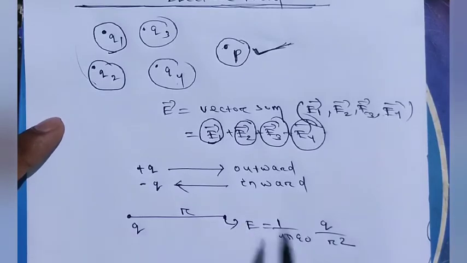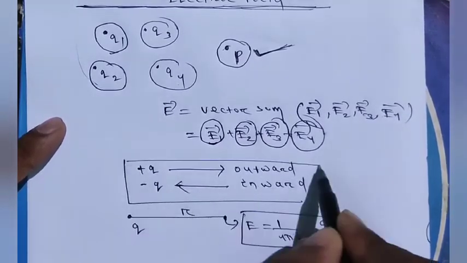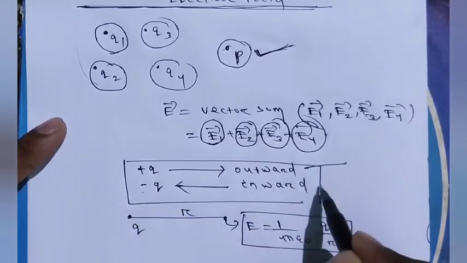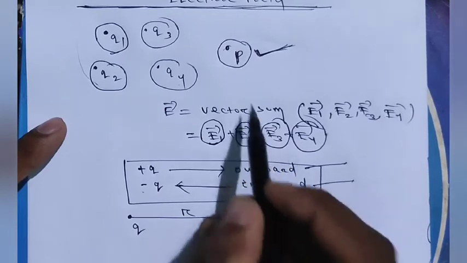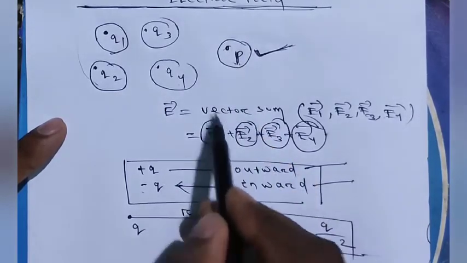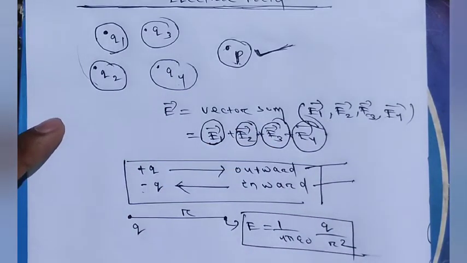We have to remember this formula and these two points: for positive charges the direction of electric field is outward, for negative charges inward, and the electric field at a given point is the vector sum of the electric field produced by the individual charges. Is it clear?